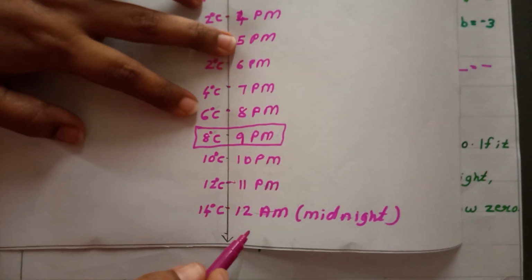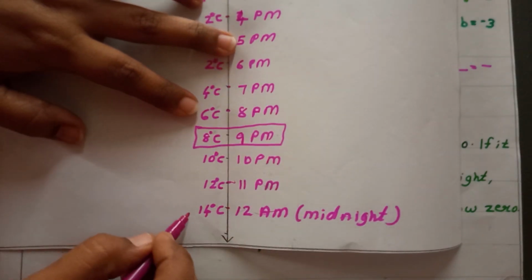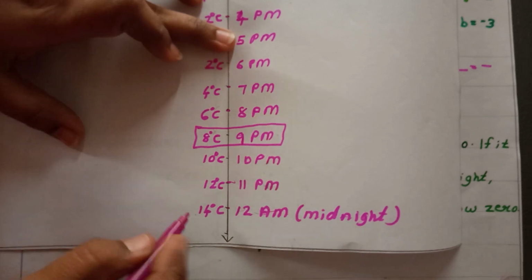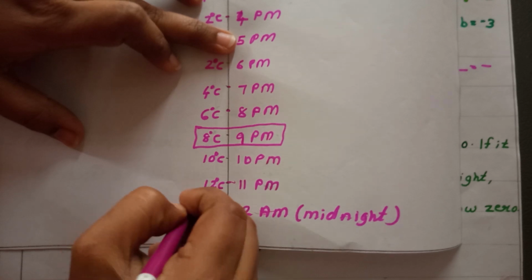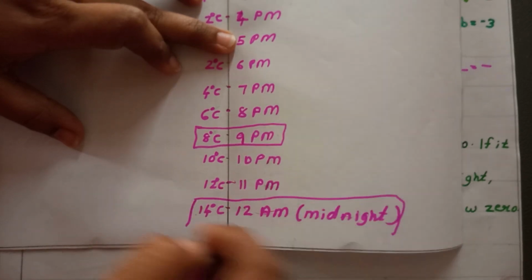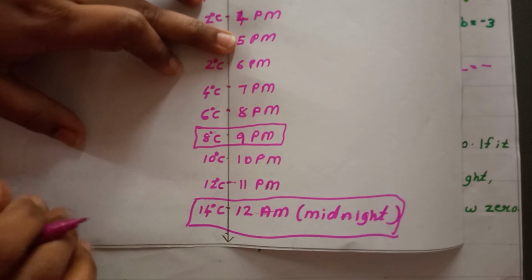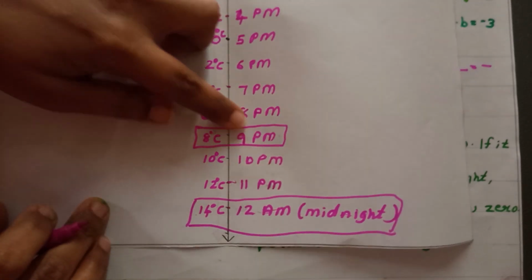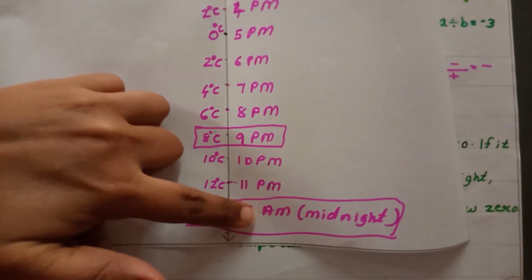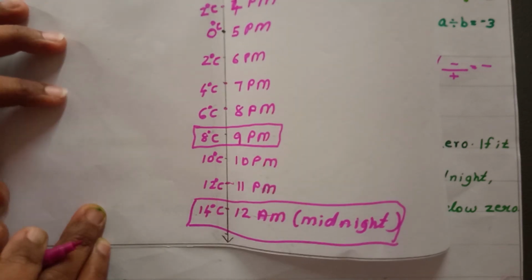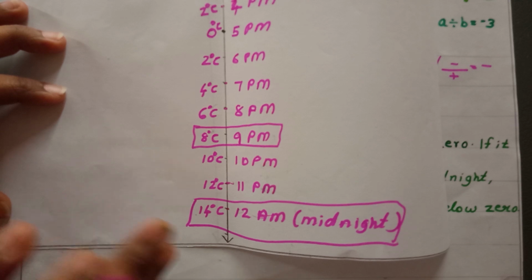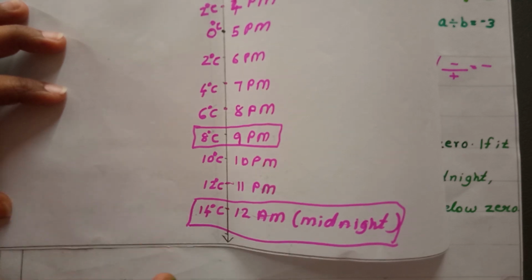See, 12 a.m. is the midnight, and what is the temperature there? 14 degrees Celsius below 0. So, required time is 9 p.m. and required temperature is 14 degrees Celsius below 0. You should write 14 degrees Celsius below 0.